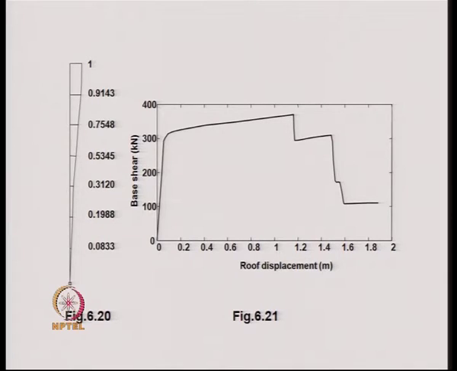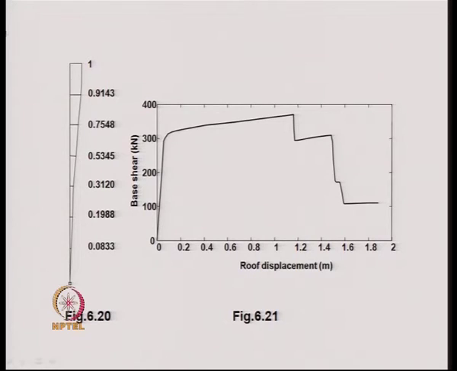The base shear versus displacement plot is shown over here, and this goes on increasing, and this value is about 346, and then there is a drop in the base shear.